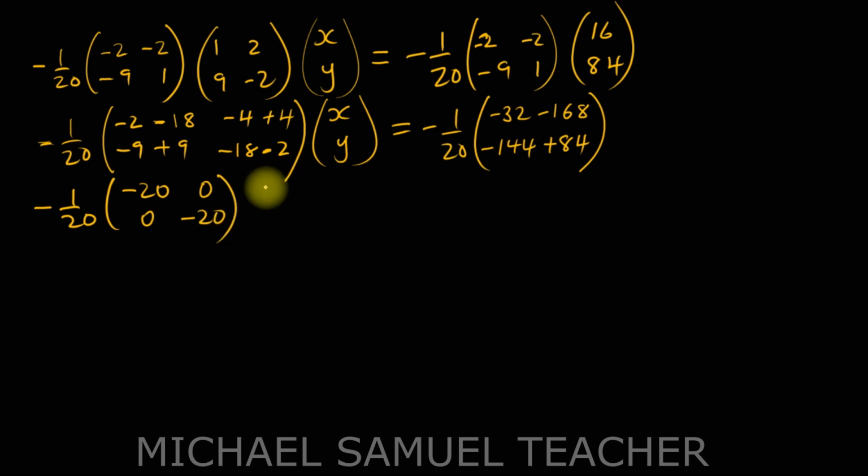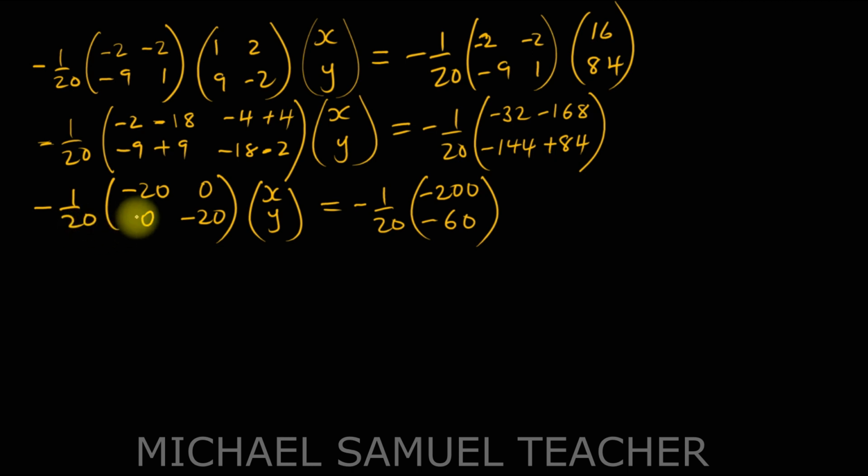Then x, y equals minus 1 over 20 times the matrix minus 32 minus 168, that is minus 200, and minus 144 plus 84, that is minus 60.